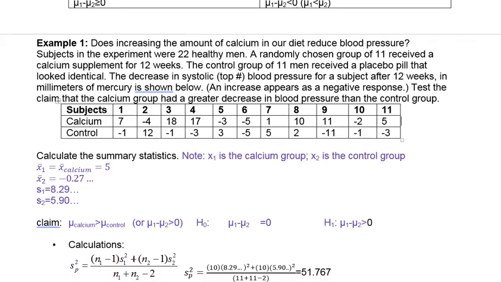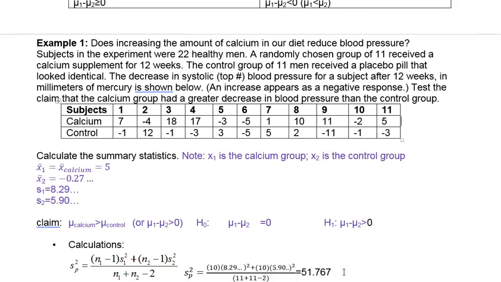So our first calculation is that pooled variance estimator. We plug in each of our sample sizes minus 1, so 11 minus 1 is 10. I already did the minus 1 in there, times the standard deviation squared.